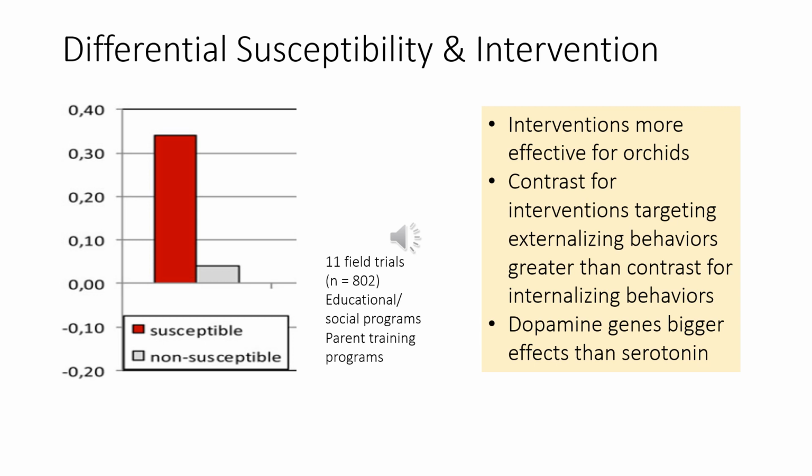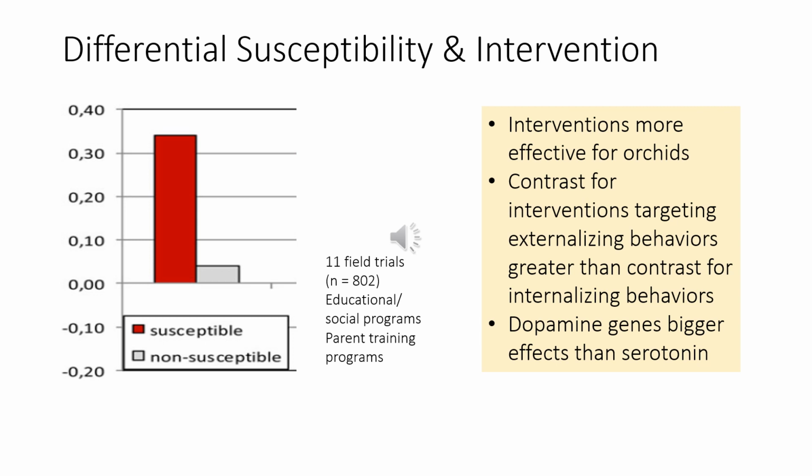So this was a meta-analysis of many intervention studies as related to differential susceptibility, or specifically genetic susceptibility. What they found is that overall, interventions, whether educational programs or parent training programs, were more effective for individuals who were more orchid-like, who had more genetic plasticity.